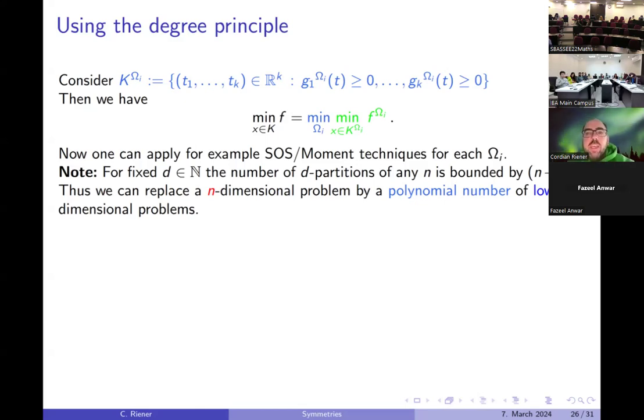Maybe this should have been a k here, a k-partition, I mean a d-partition. Yeah, exactly. If I have a d-partition or a k-partition, I just mean the number of ways I have n slots and I distribute at most d distinct things on these k slots.